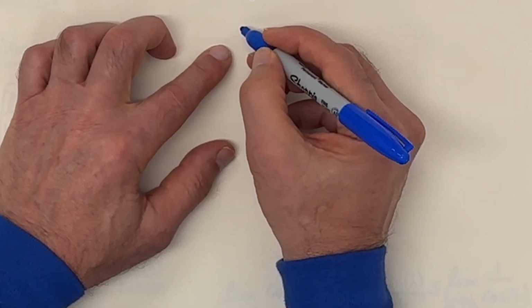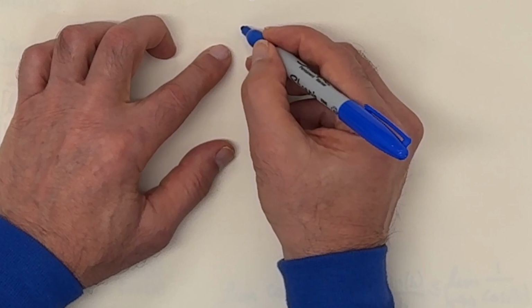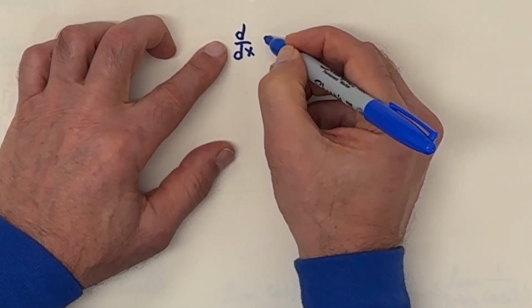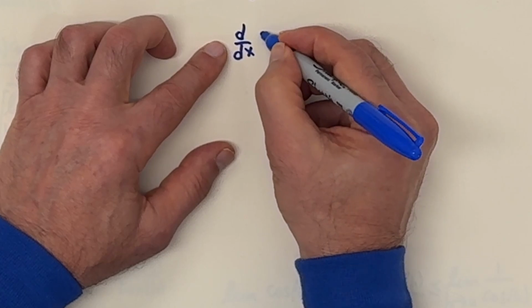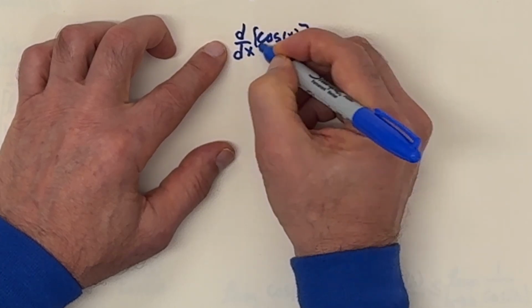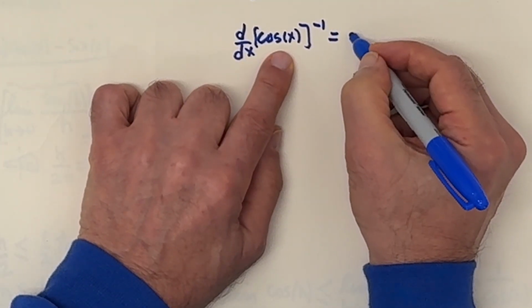I want to talk a little bit about this let u equal something when we take derivatives. For example, we just looked at taking the derivative of the cosine of x to the minus 1. And what I did is I pulled the minus 1 down using the chain rule.